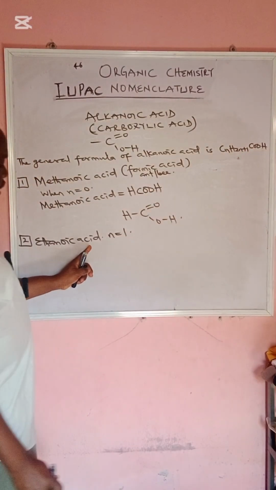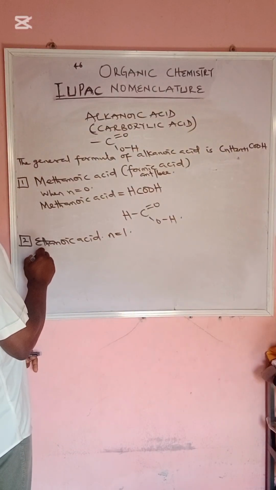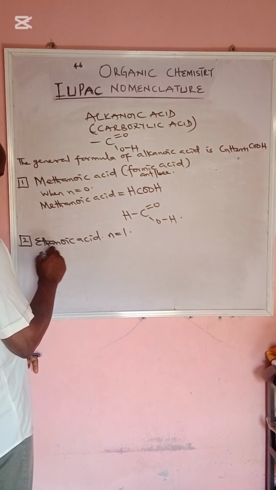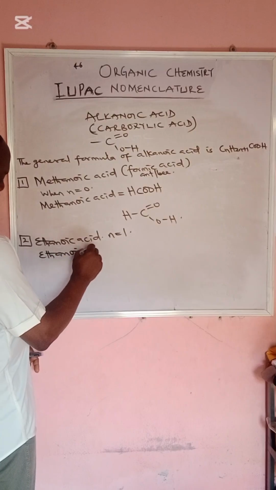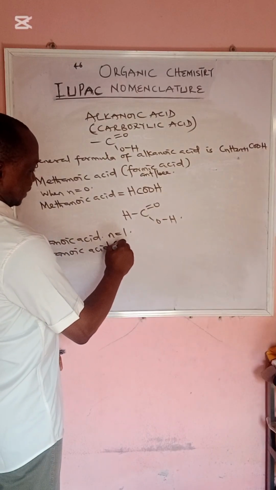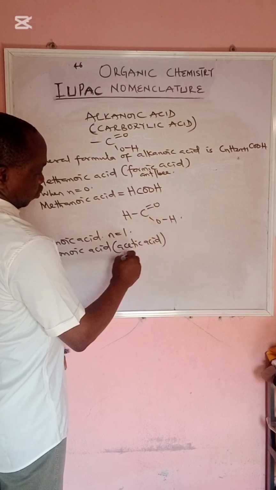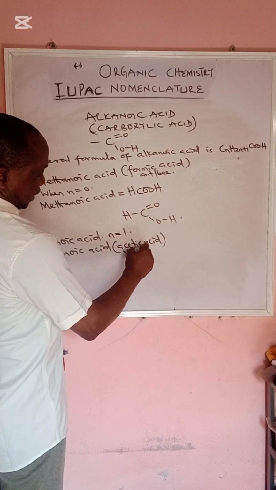So if you use n equal to 1, ethanoic acid is the molecular formula. This one is called acetic acid, which is obtained from vinegar.